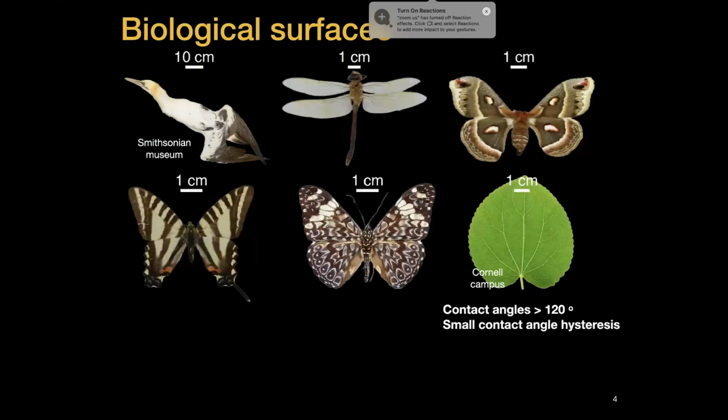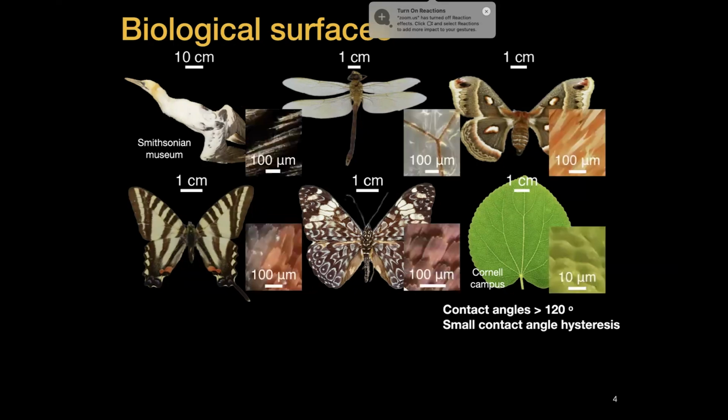So we tried to test many natural surfaces: the bird wing and dragonfly, and I think this is a butterfly, and these are moths, and also plant leaves too. All these surfaces are superhydrophobic, with a contact angle of 120 degrees, which means if you put a drop on the surface, it makes an almost spherical shape.